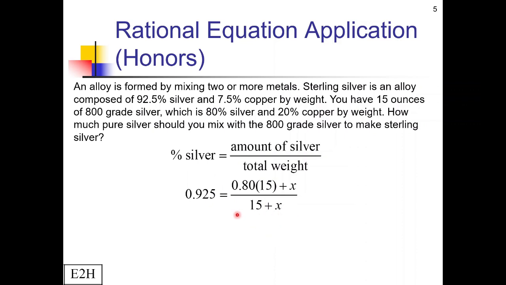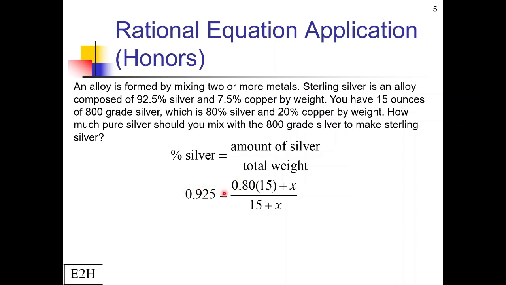So the reason this is such a good problem for this lesson is you might recognize we've kind of got a cross-multiplying situation here. Although we don't have a fraction on the left side, we only have a single term, and we've got a fraction on the right. So you can definitely still cross-multiply. It's just kind of half of your crossways going on here. So let's distribute this 15 plus x over this 0.925.